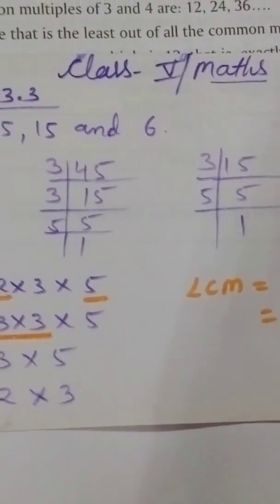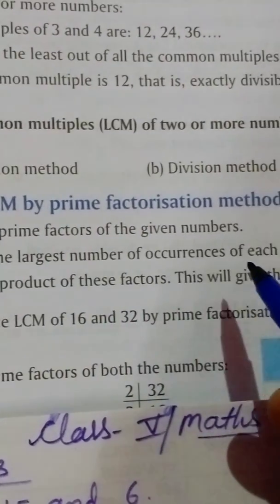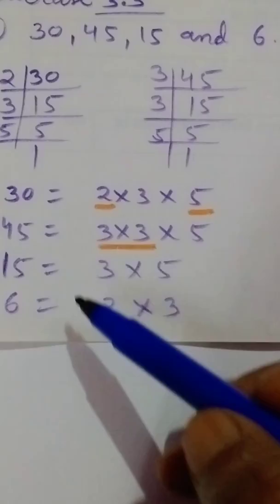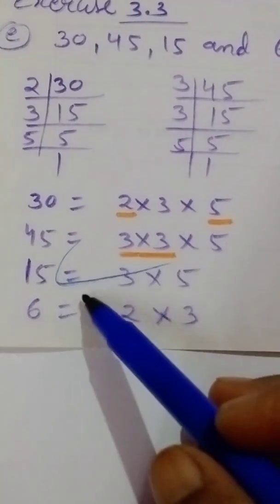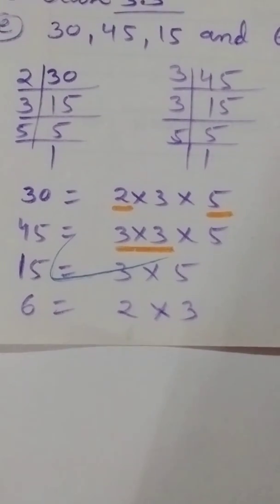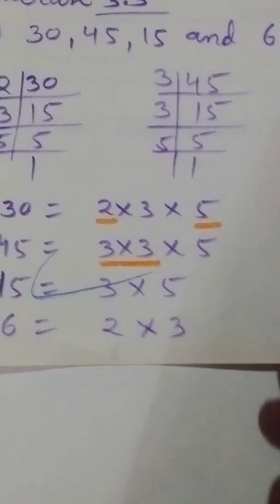Okay, the next process, collect the largest number of occurrences of each prime factor. Let's see, write all the prime factors of the given numbers. Here you have seen all the factors I have written. Now you have to collect the maximum number of occurrences of the prime factors.